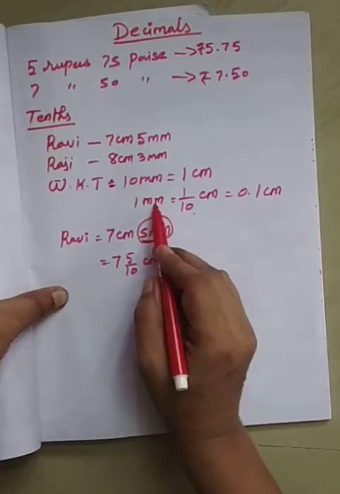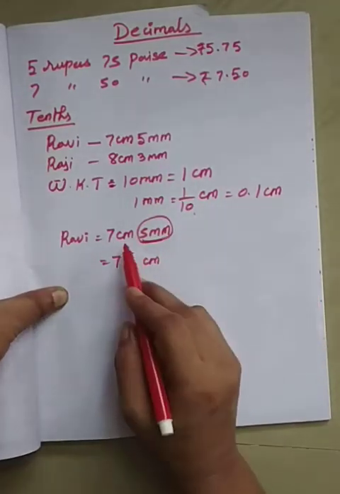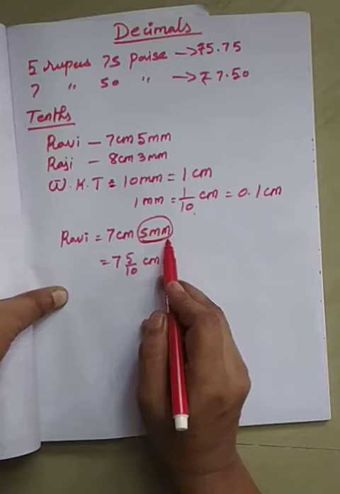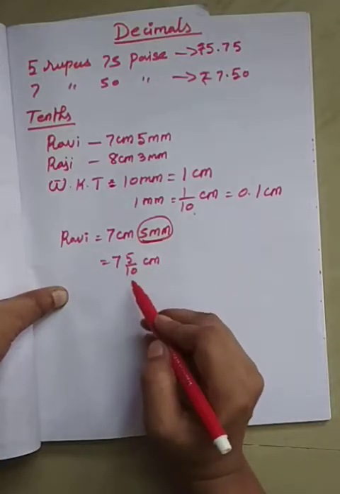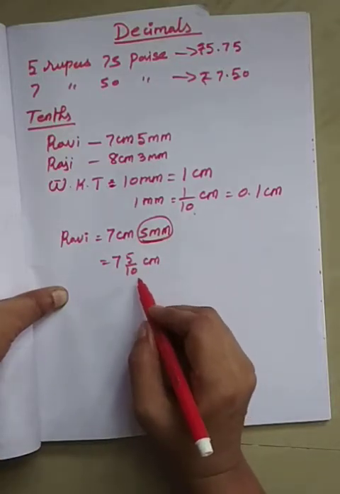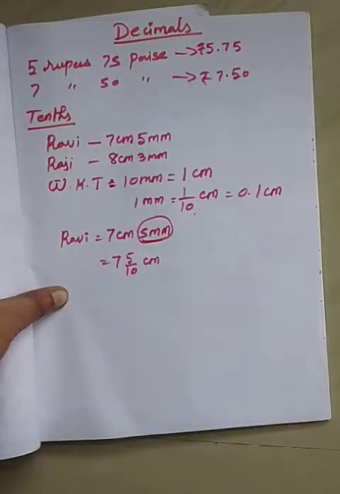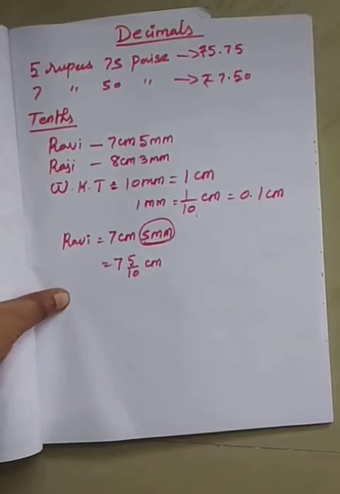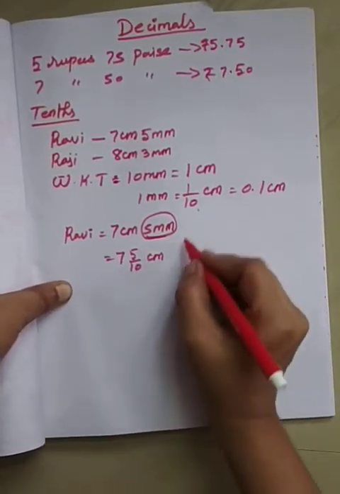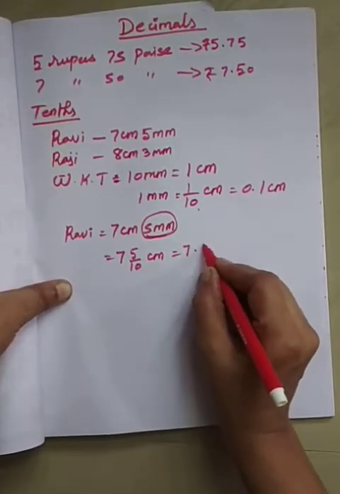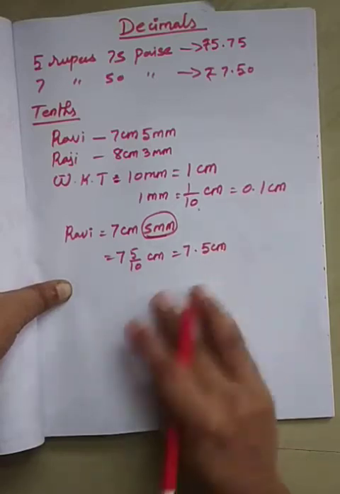In this way you change millimeter to centimeter. So 7 centimeter and 5/10 of a centimeter. That means we can say 7.5 centimeter.